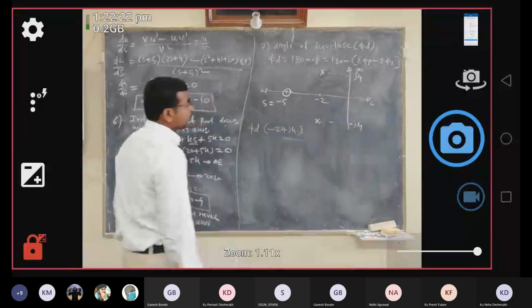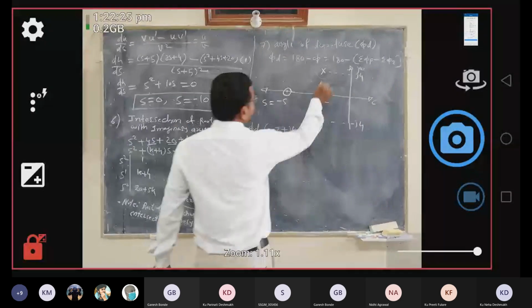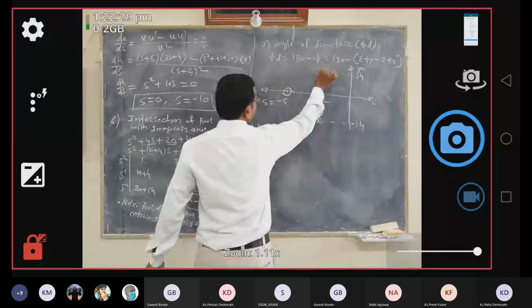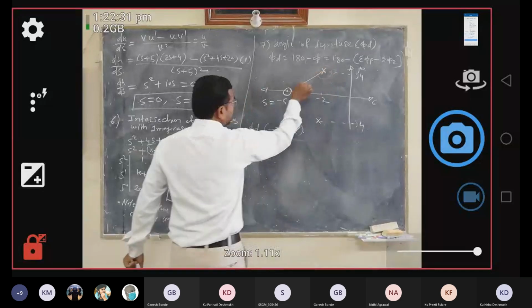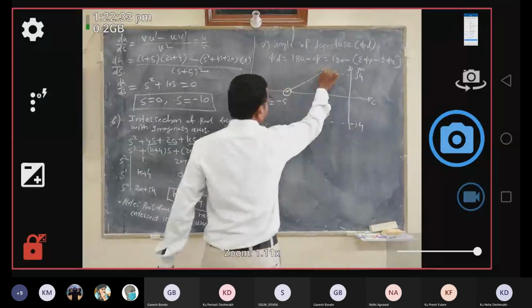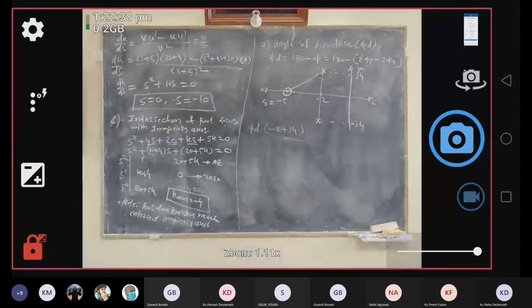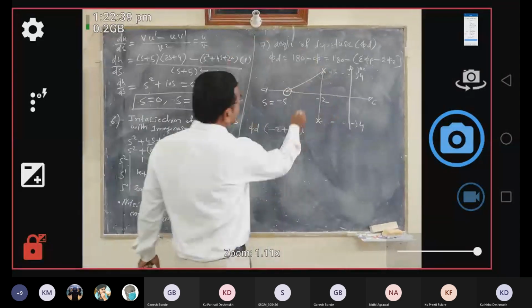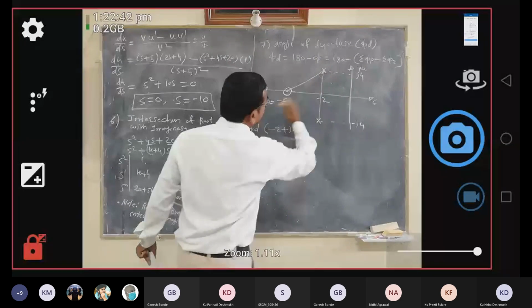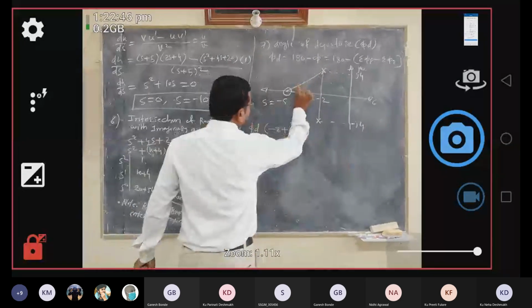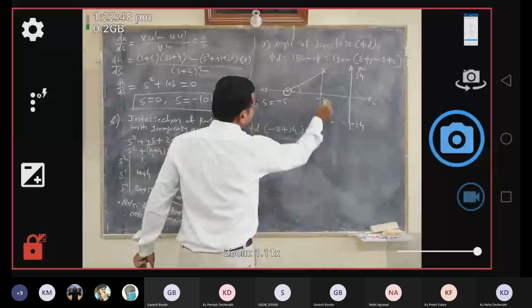For this pole we are going to determine. Therefore, you just join this pole with respect to all other poles and zero. So I have joined this pole to this zero, and this pole to this pole. So how many angles are contributed by this pole with respect to the others? There are two angles. First angle is this and second angle is this.